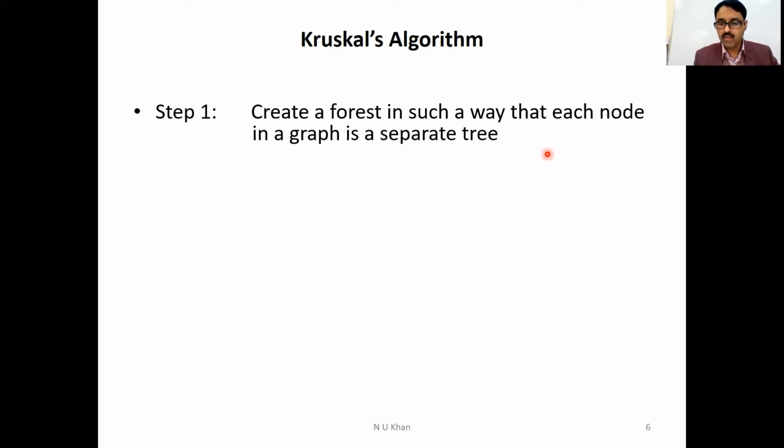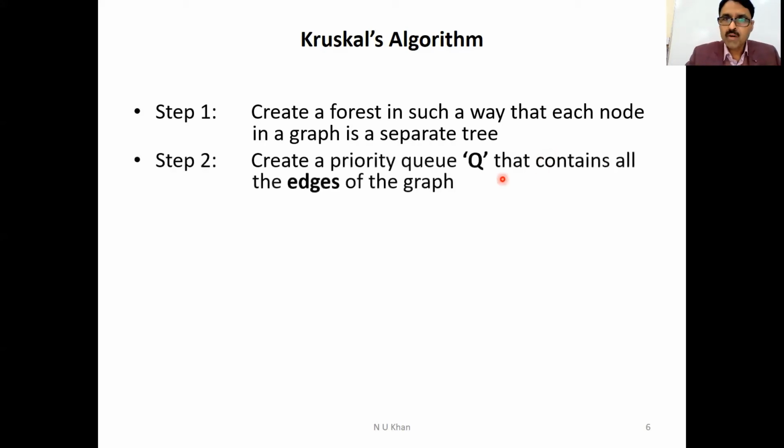as trees. Now, in step number 2, create an empty priority queue that contains all the edges of that graph. जो हमने ग्राफ से edges remove की थी, वो एक priority queue के अंदर हम उसको store करेंगे.